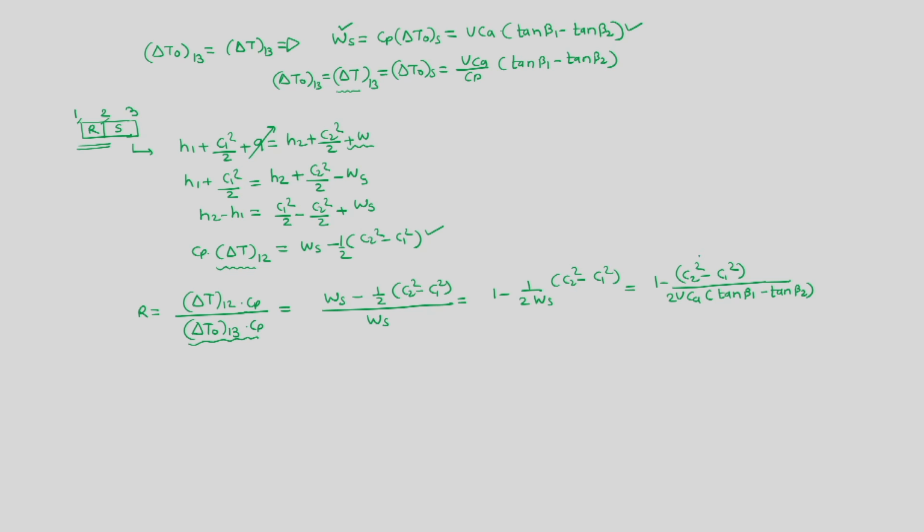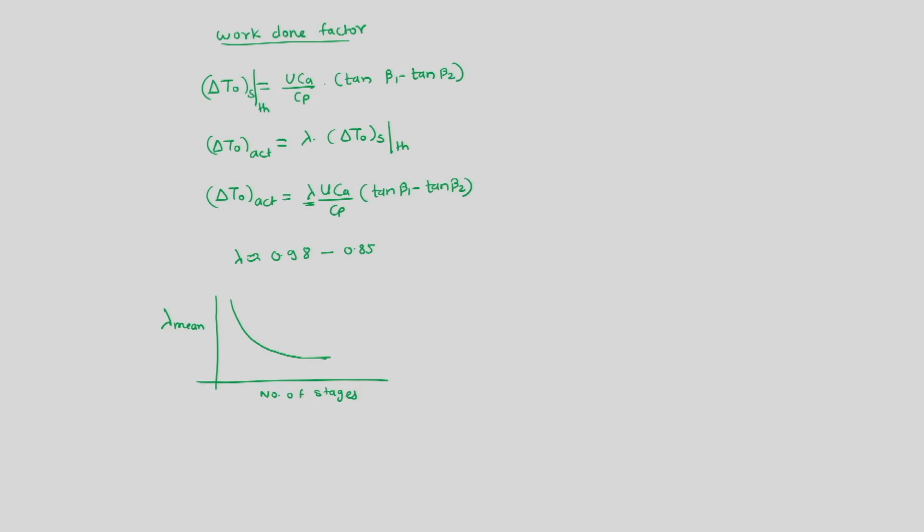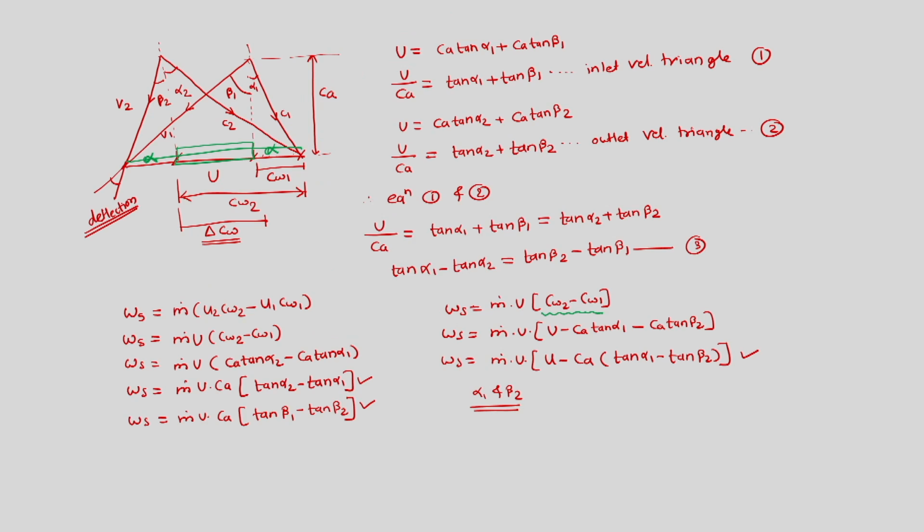Now we have to find what Ca and C1 are. We will go back to the velocity triangle we had drawn. In this velocity triangle, C1 is Ca sec alpha 1 and C2 is Ca sec alpha 2.